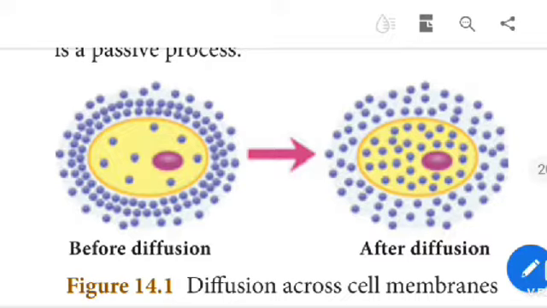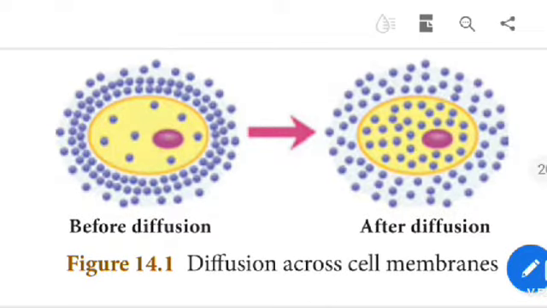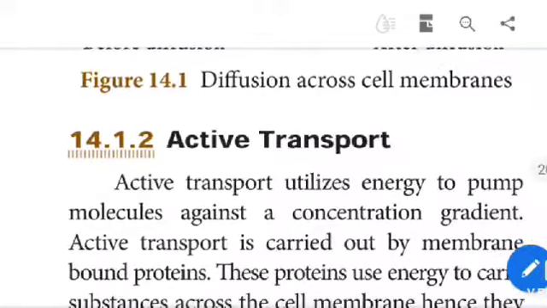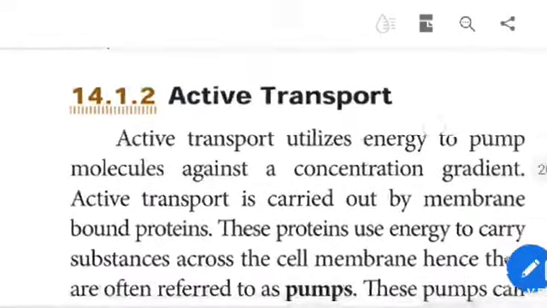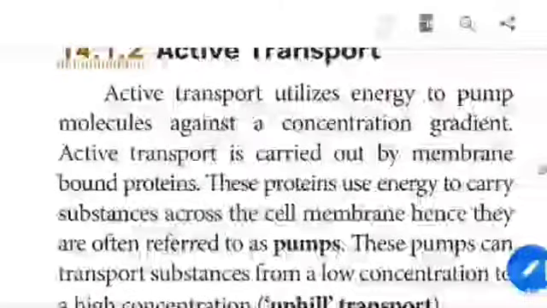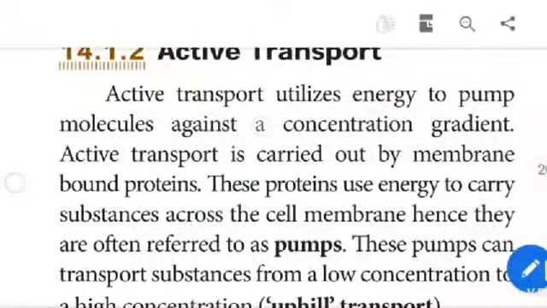See the diffusion across the cell membrane. The figure before diffusion and another one called after diffusion. Active transport. Active transport utilizes energy to pump molecules against a concentration gradient.